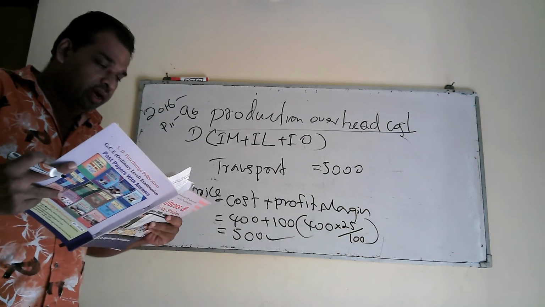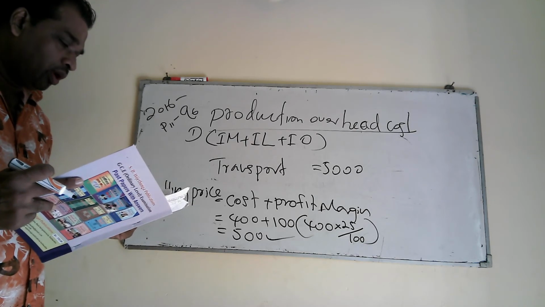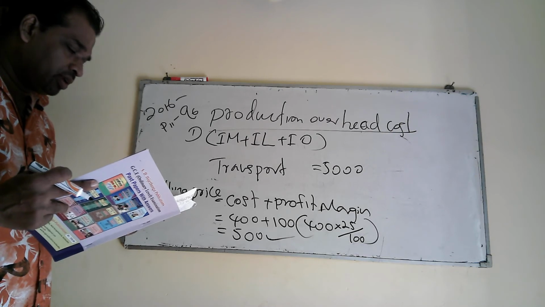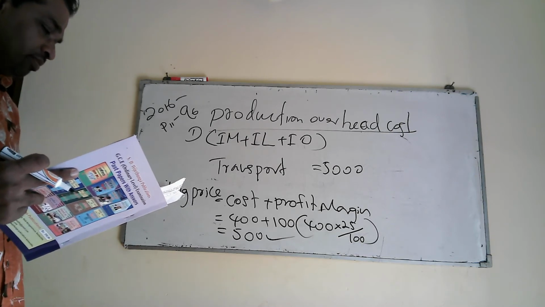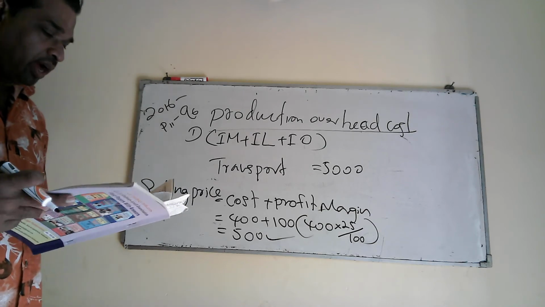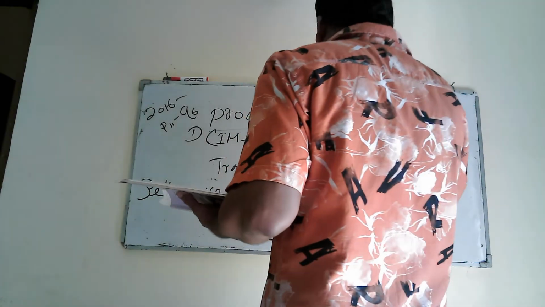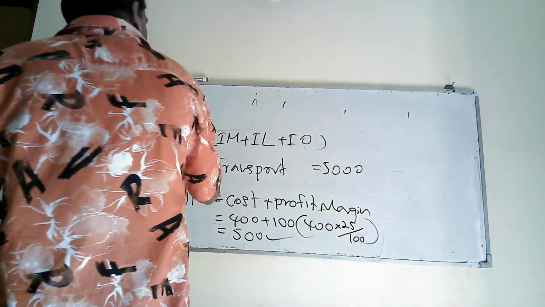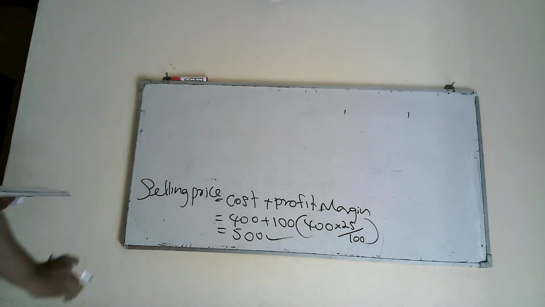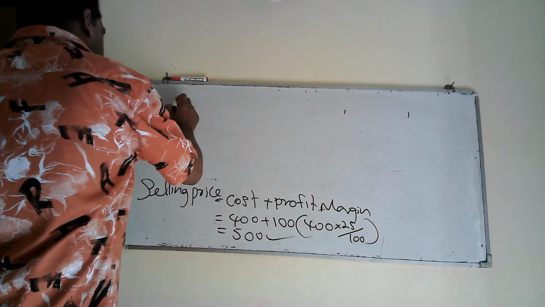Then when it comes to the question again, unit of production 100, direct expenses 30,000, transport expenses 5,000, production cost per unit 400. Here you can calculate the total cost like this. You don't need to go the previous way. You can easily calculate production overhead cost.